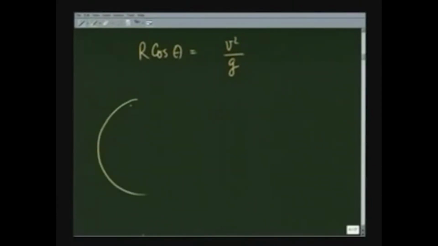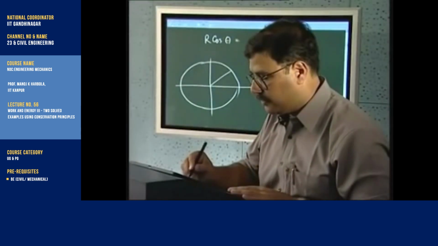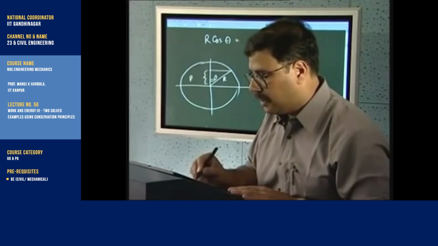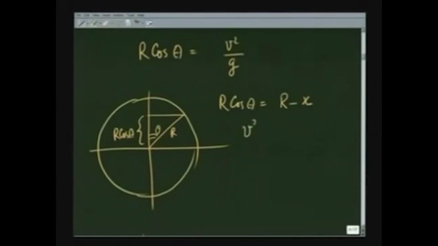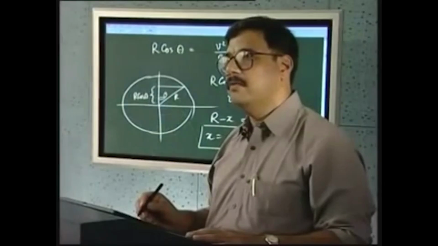And if I look at this problem again, I have this r, this is theta, so that this is r cosine theta, and you see that r cosine theta is equal to r minus x, and we have already calculated that v square is equal to 2 g x, and therefore I have r minus x equals 2x, or x equals r over 3. So, when it travels down a distance of r by 3, it is going to fly off the sphere.